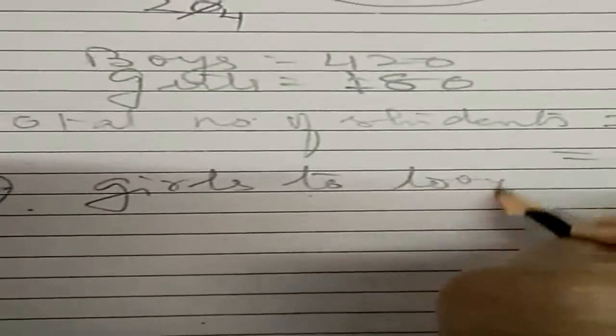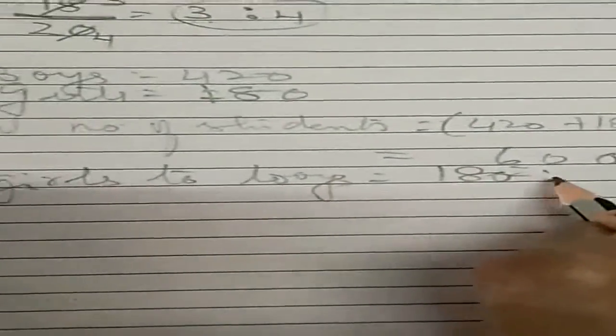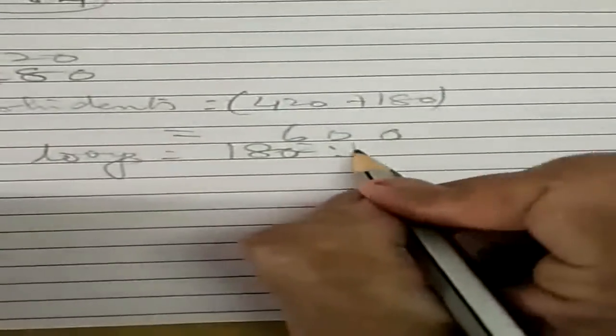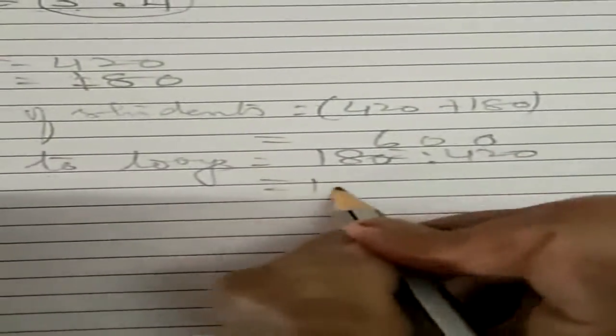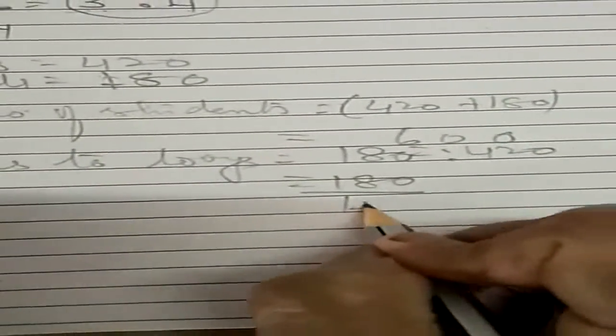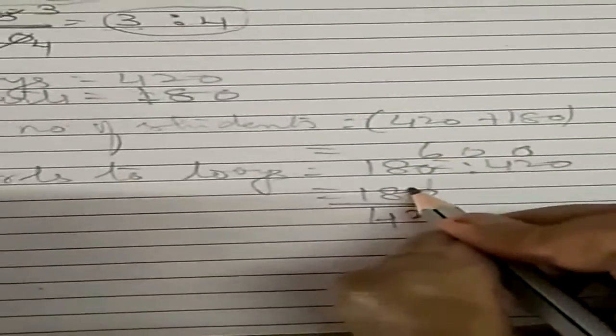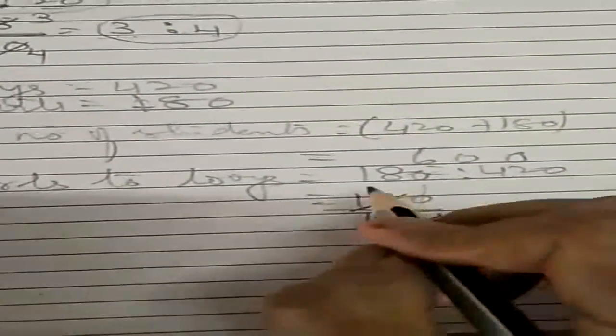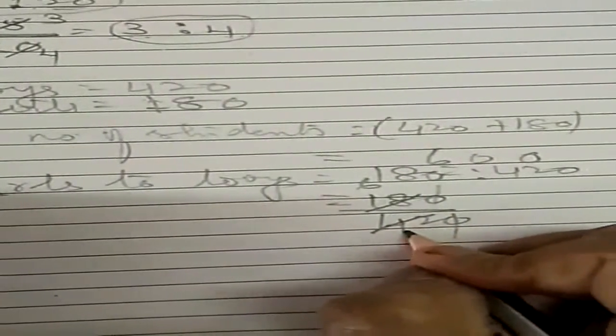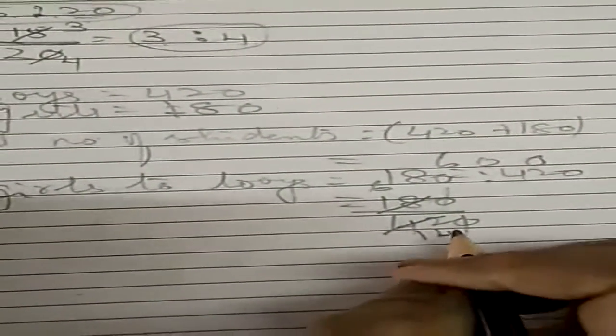So girls to boys, how many are the girls here? First girls is written. So how many are the girls? 180 is to how many are the boys? 420. Now you cancel 180 by 420. 0 gets cancelled. 18 and 42 will come in 3 table. 3 6s are 18, and 42 comes in 3 14s are 42.